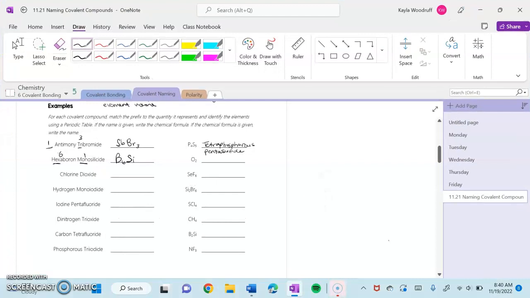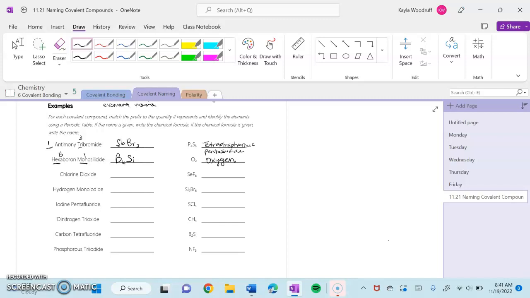This next one, you might be tempted to say dioxygen or dioxide. However, this is that third scenario where it's only one element. So this is just the element name, no prefix, no ending, oxygen. And we'll do one more.